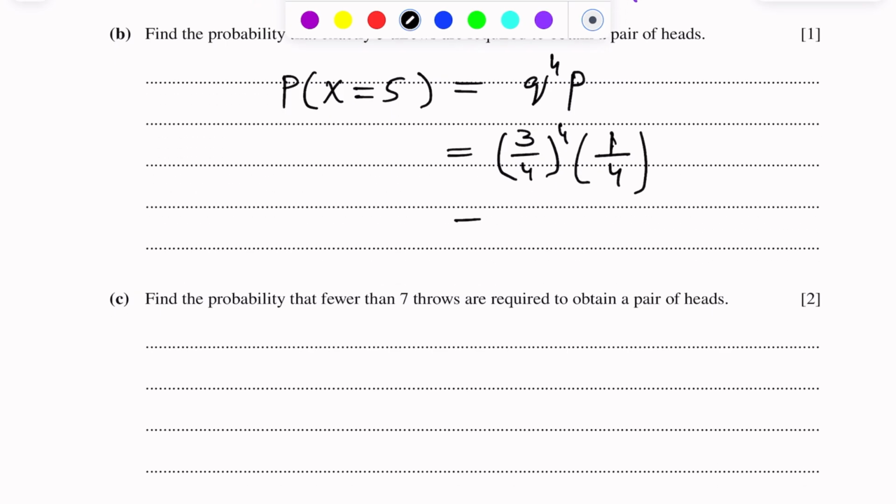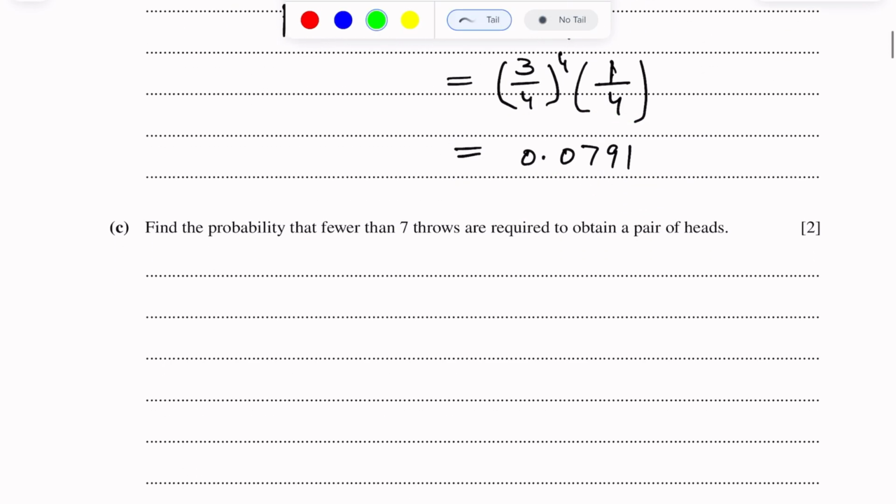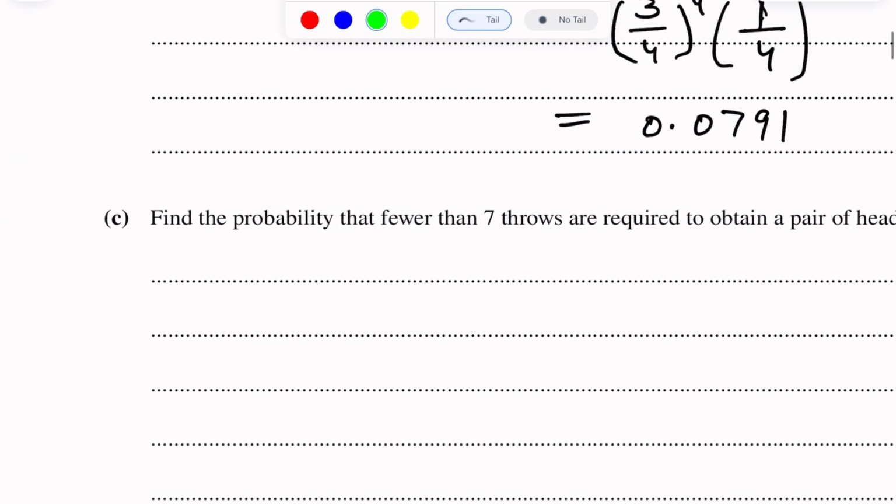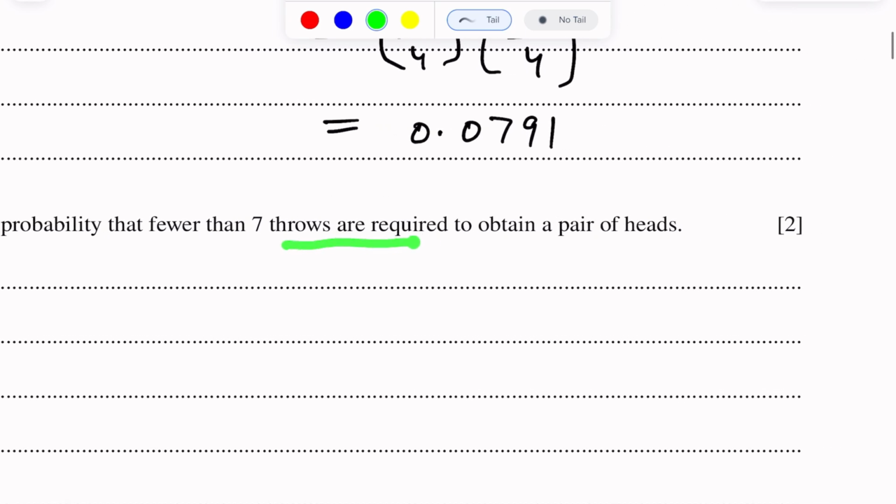After calculating, we get the answer 0.0791. This is the answer.